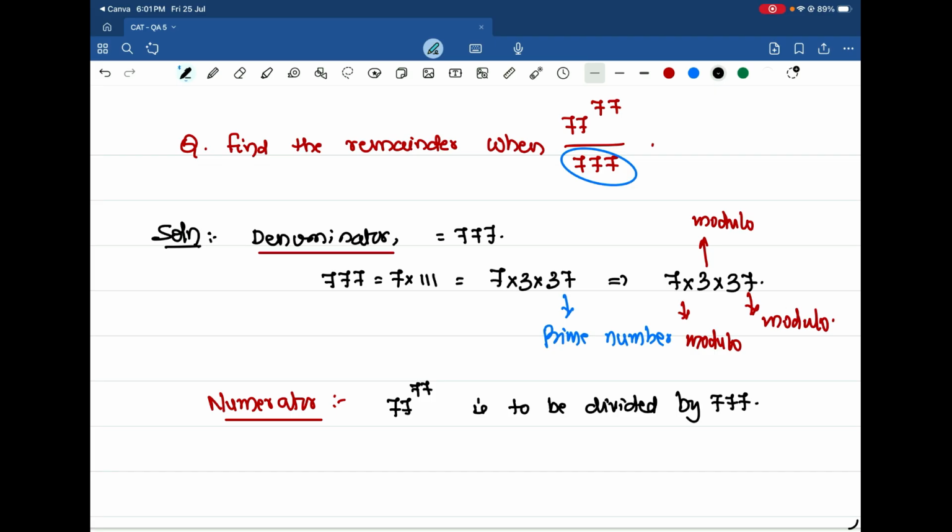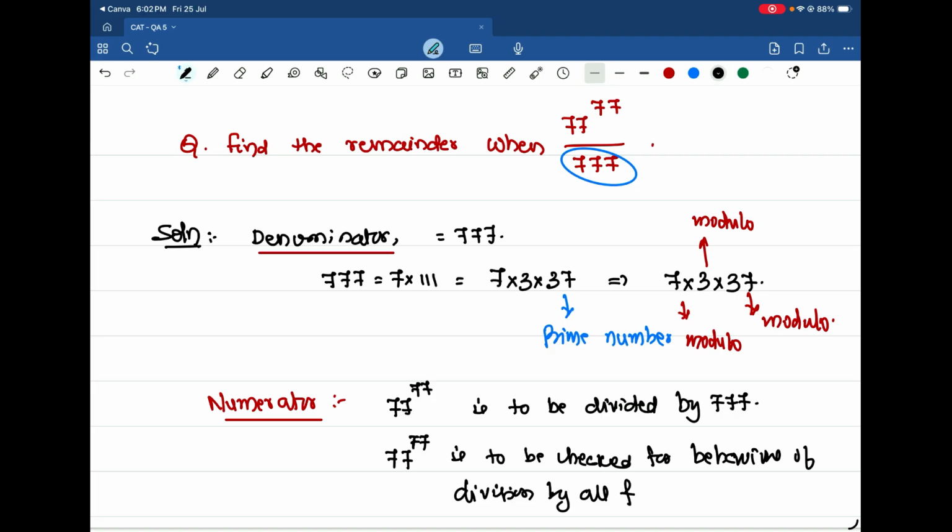Now, after finding the factors, 77 to the power of 77 is to be checked for behavior of division by all factors of 777.